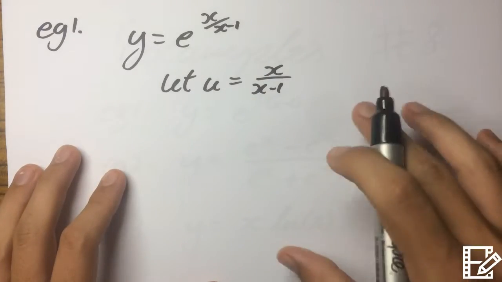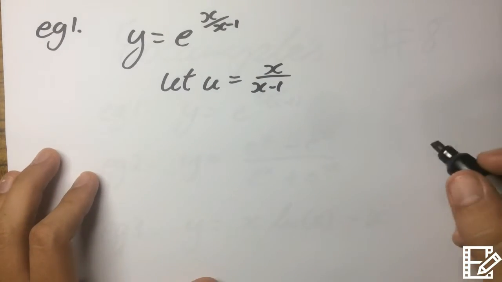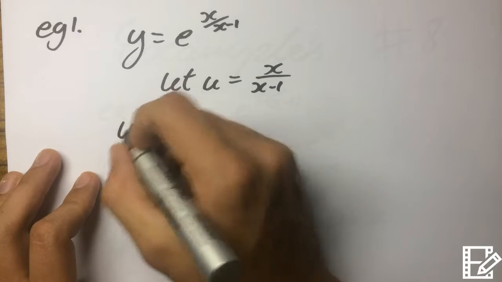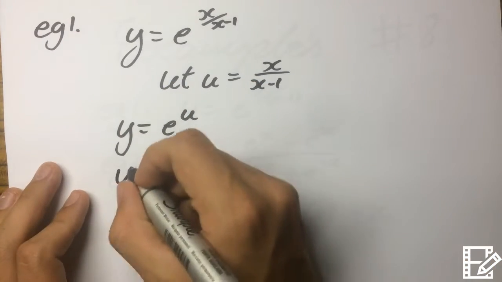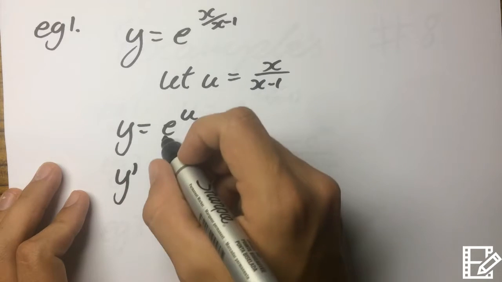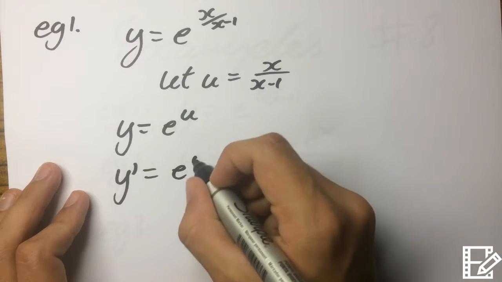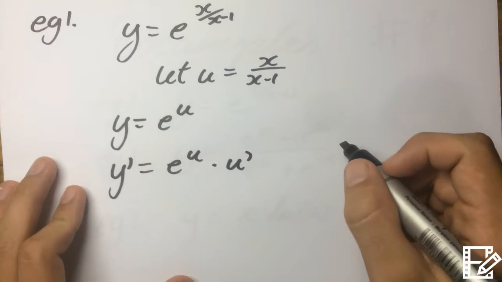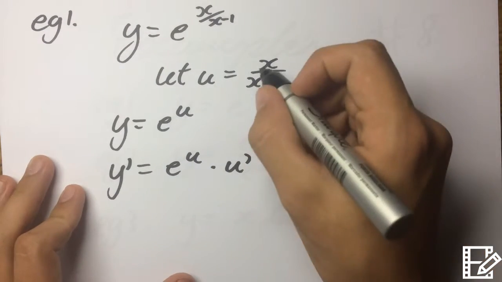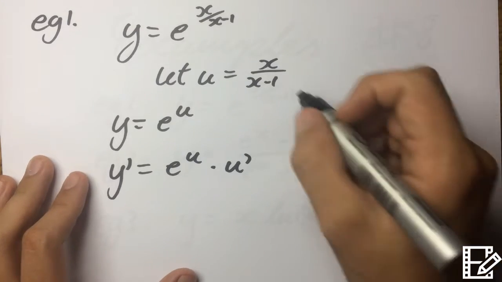We need to take a bit of time to do this. So that will now equal e to the power of u. The derivative will be e to the power of u multiplied by the derivative of u. Now, we need to find out what the derivative of u is.